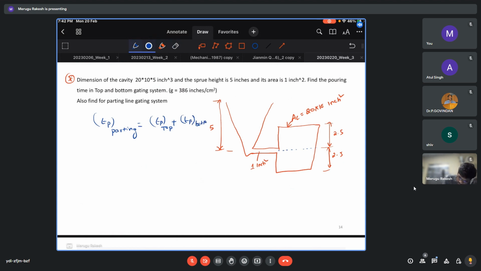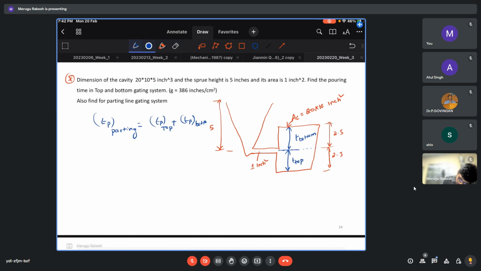So till this height, this is T bottom. From here to here, sorry, reverse. So this is T bottom, and this will be T top. The rest is the same.